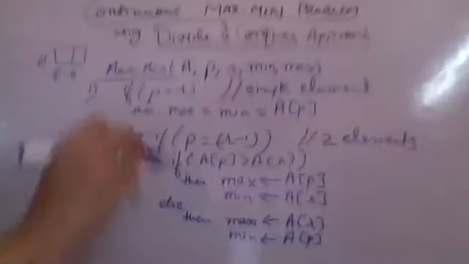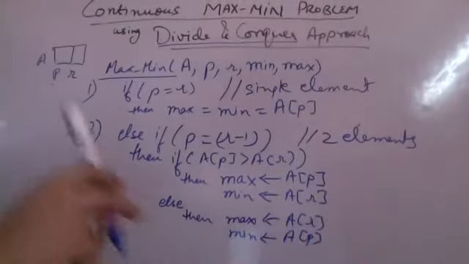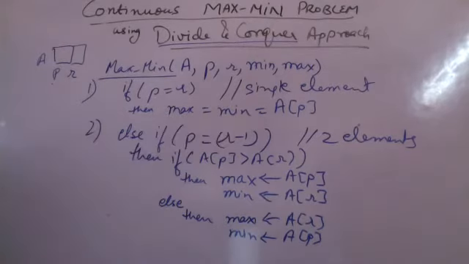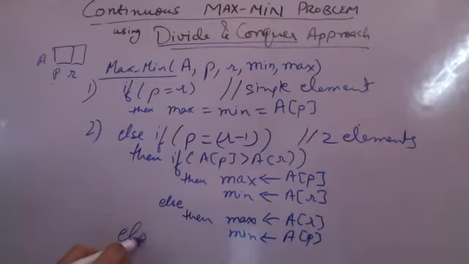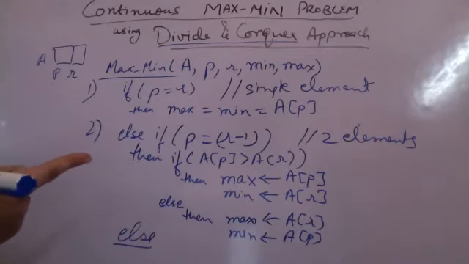In case of a single element, maximum and minimum are the same. In case of two elements, we have done this many comparisons. Now, if there is another else, that means there are more than two numbers in the list. So I will be rubbing the board and reusing it, in case you people have noted it down. Can I erase this and write the next part of the algorithm?